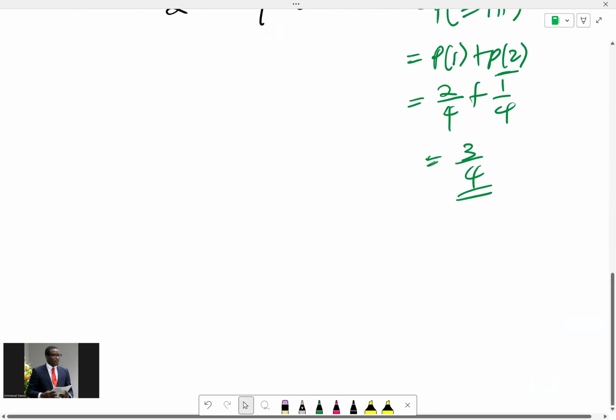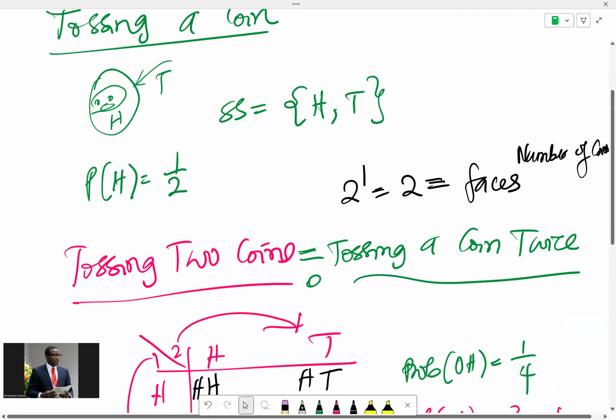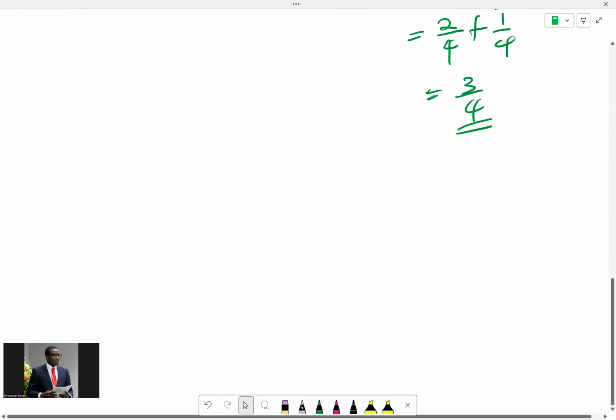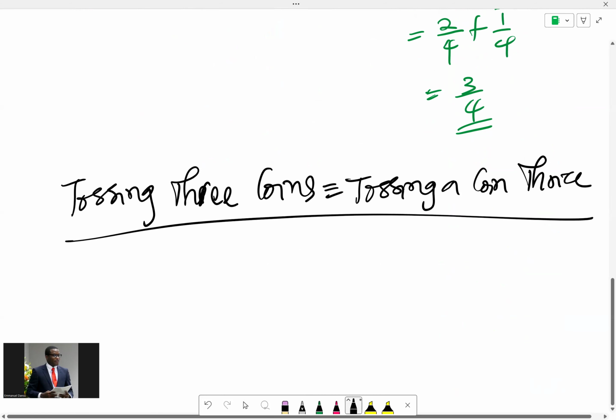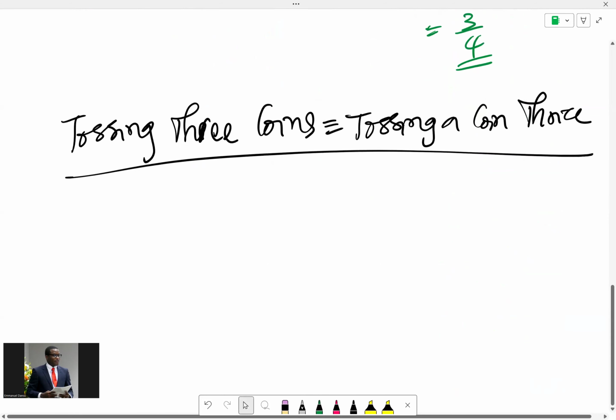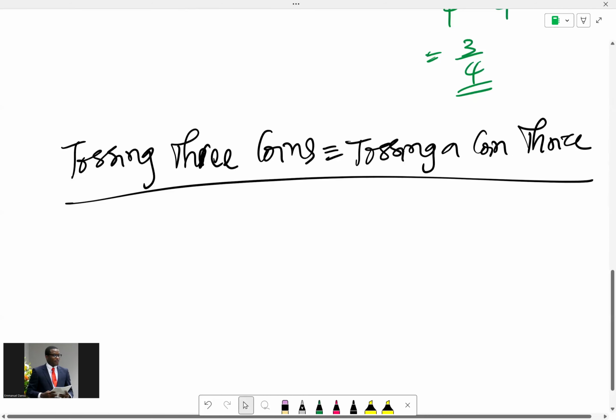Now, we can extend it to the possibility of tossing three coins, which is equivalent to tossing a coin thrice, tossing a coin three times. So that's another situation. In this case, it may actually not be possible to make a table.